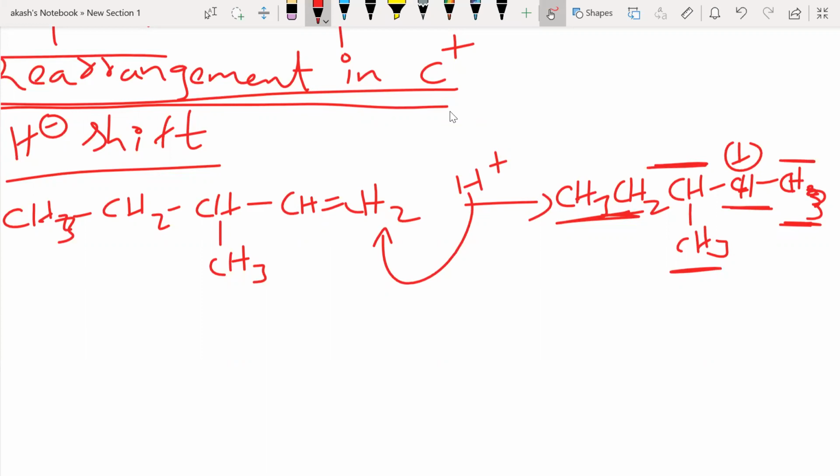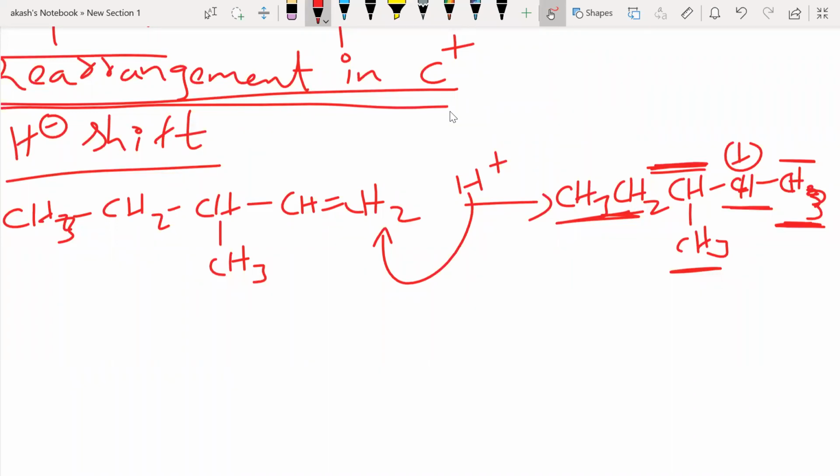Which side it happens depends on which side lets me form a more stable carbocation. If this side is involved, I am going to get a primary carbocation. But if this carbon is involved, I can have a tertiary carbocation getting formed. You must always go for the more stable species.